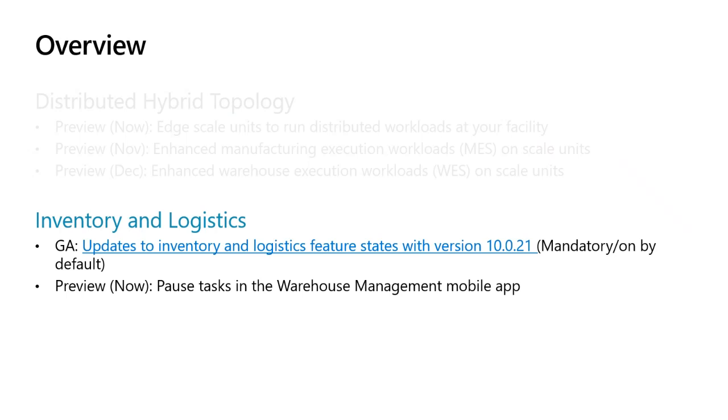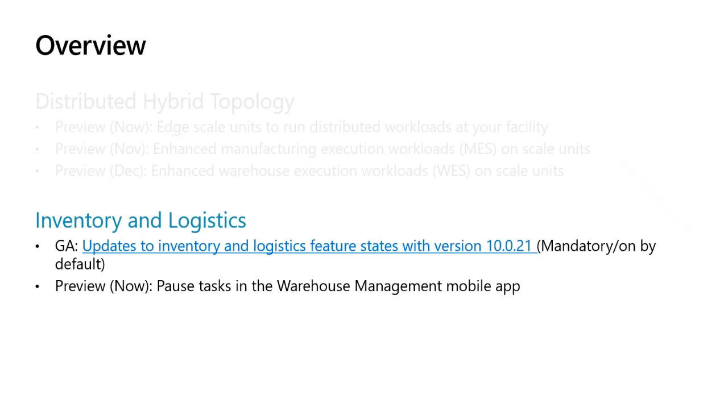So if you've been working with Dynamics supply chain management for a while, you know that this is our design pattern, that our new features are behind that enablement in the feature management workspace. So these feature states now, you'll see in the release notes, are going to tell you, starting with this version, which ones are either now mandatory or on by default.